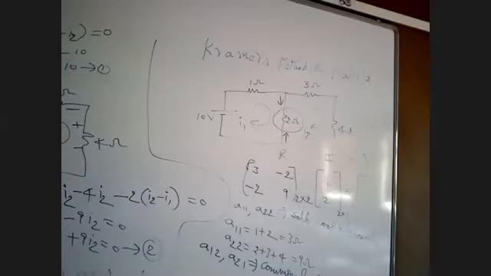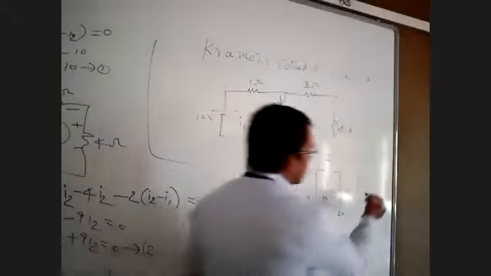Is that 10 volts positive or negative? We have to see the direction of I1. How is it flowing, from negative to positive or positive to negative? Negative to positive. Current flows from negative to positive, so we take plus 10.